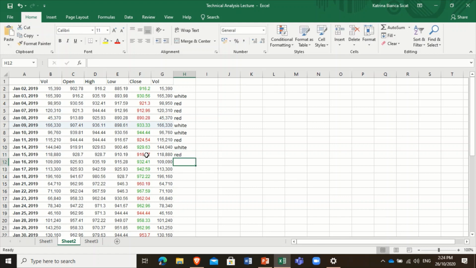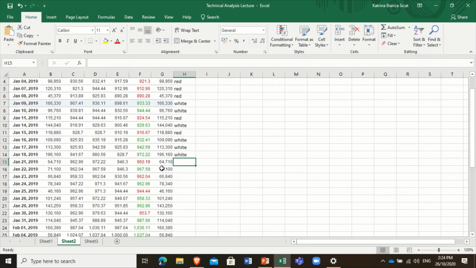I'm just waiting for another candlestick. This is also white. This is white. Walang lumalabas so far. 972, 941. Ang galing naman ng stocks ng GT Capital. Very volatile, ano? Hindi man maliliit yung gaps. Napakalalaki ng gaps nila.